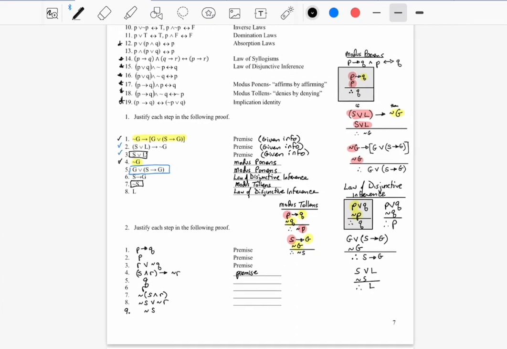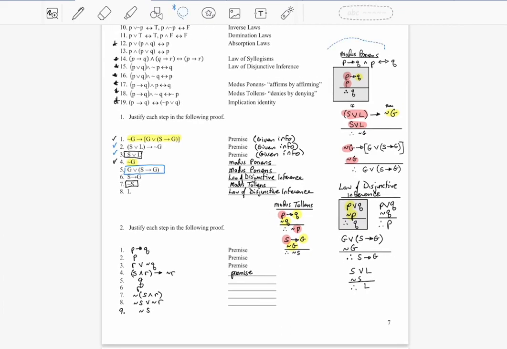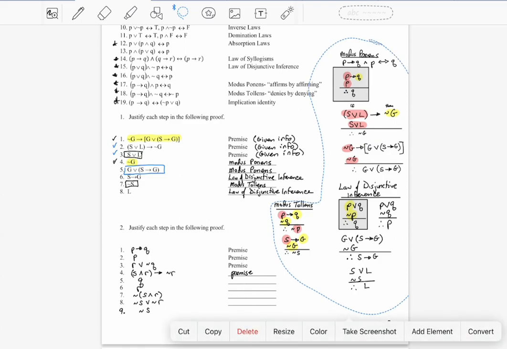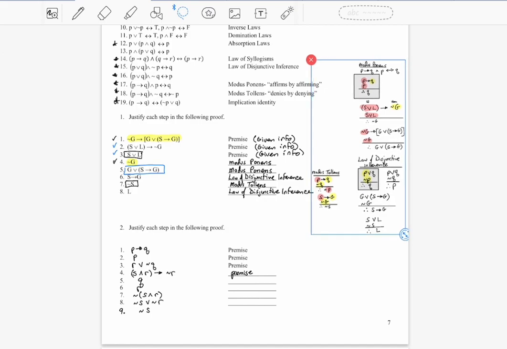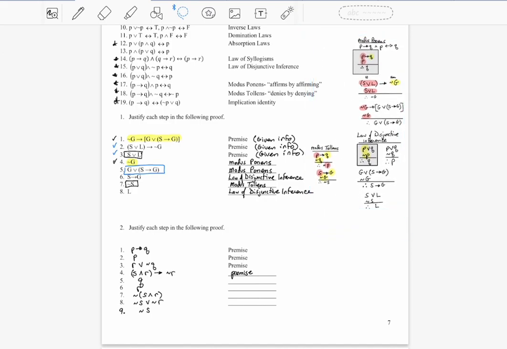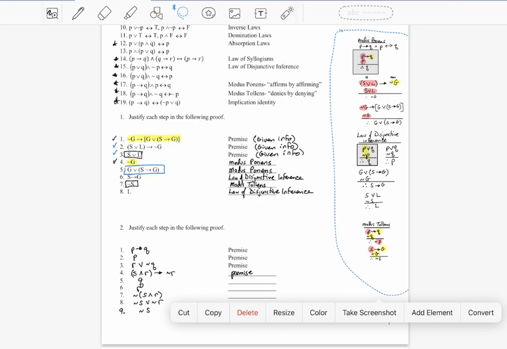Let me just clean this up a little bit. I'm just going to put this over here. I'll resize it a little bit.